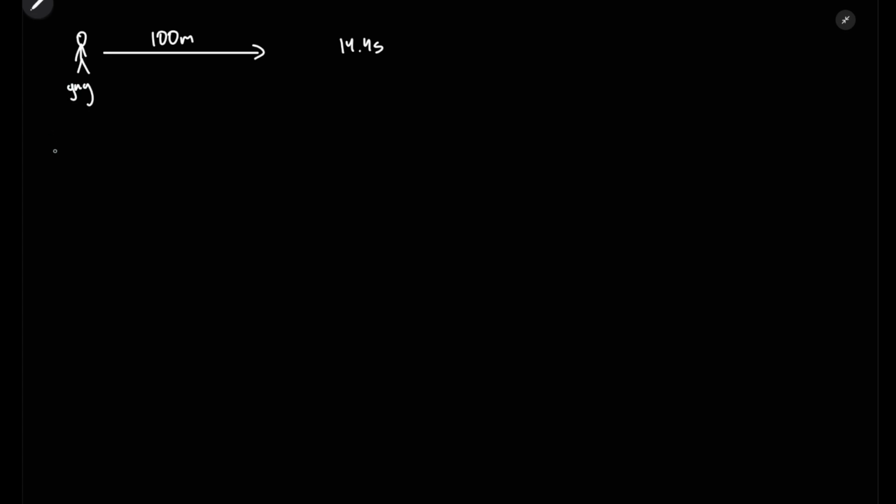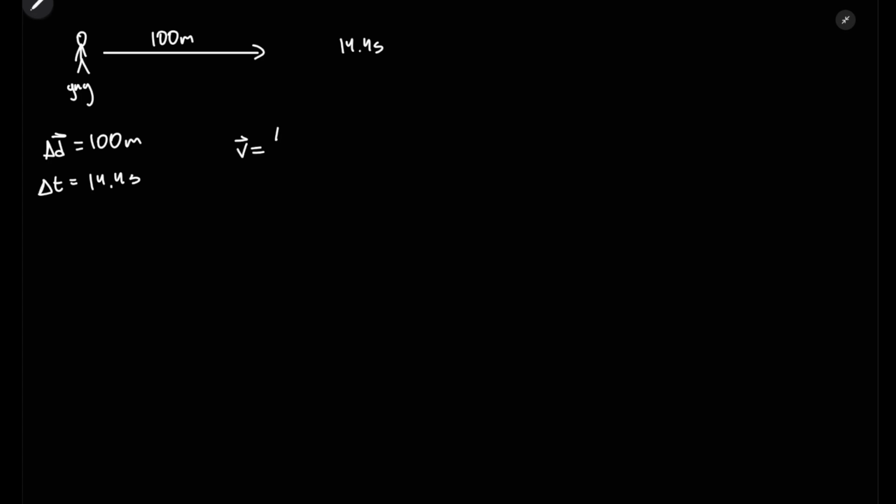So again, what's known is that we have displacement is 100 meters, and change in time is going to be 14.4 seconds. We're going to use the same formula as last time.